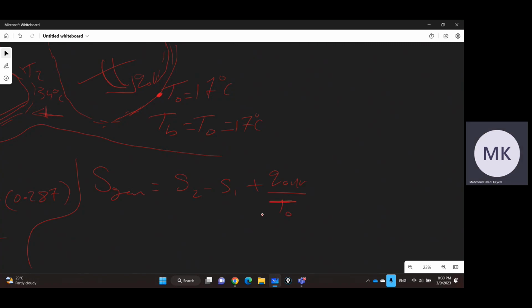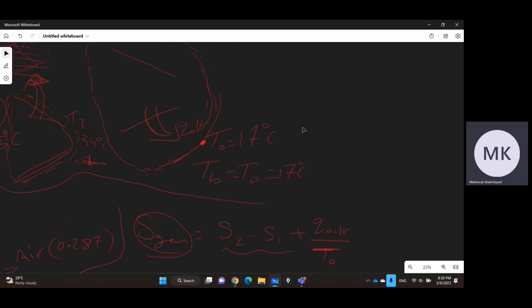So we will add a higher value to this term, which will mean that the entropy generation will be higher. This of course makes sense, because the entropy generation inside our system will be happening over a larger area.